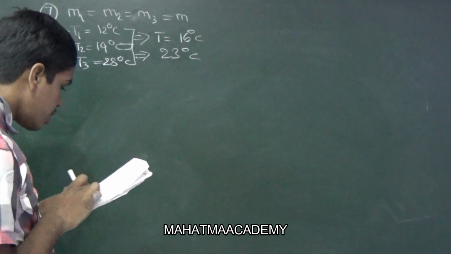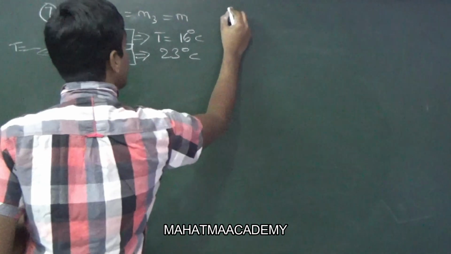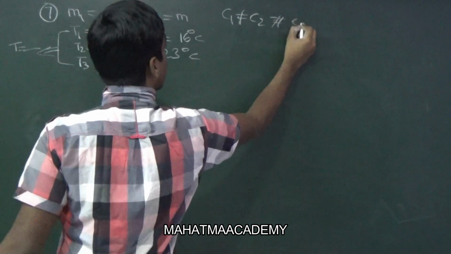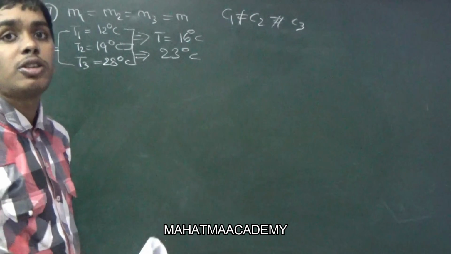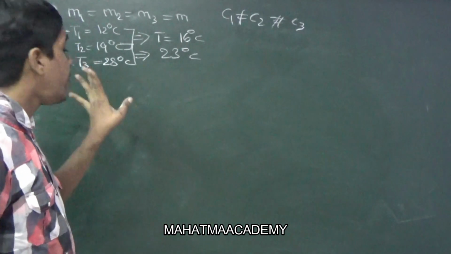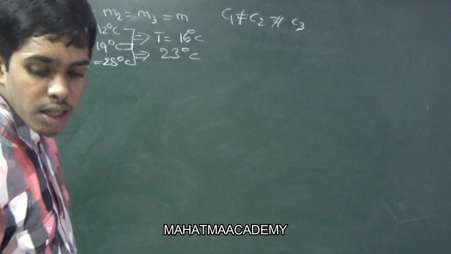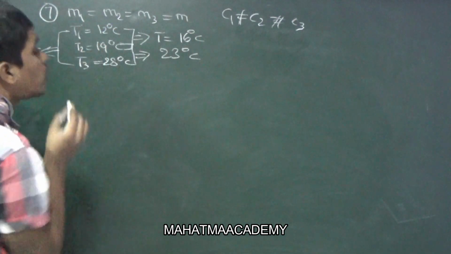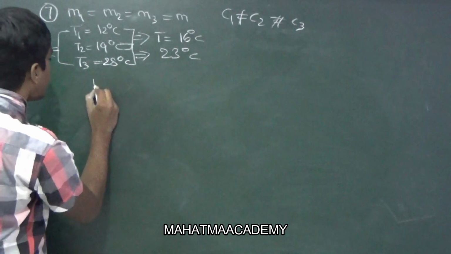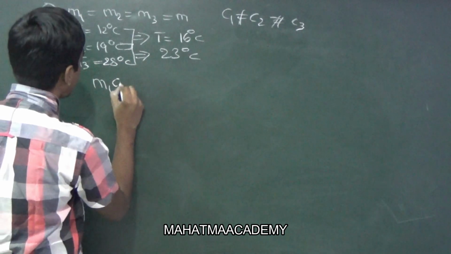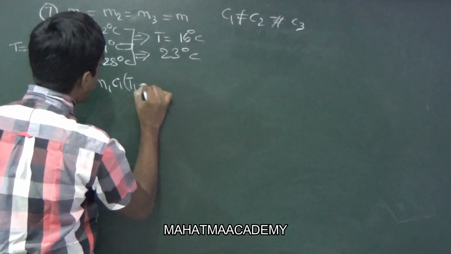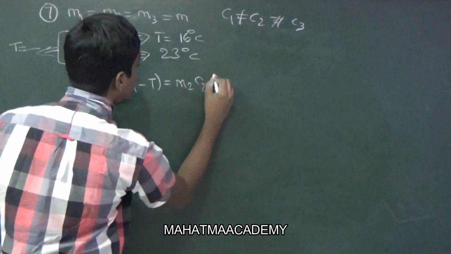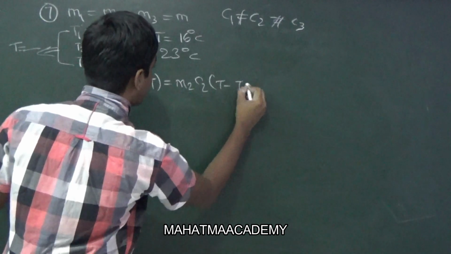And here they are given C1 is not equal to C2 is not equal to C3. First we want to find out the values of C1, C2 and C3. First I will solve the question. Now when 1 and 2 are mixed, this is M1 C1 (T1 minus T) is equal to M2 C2 (T minus T2).